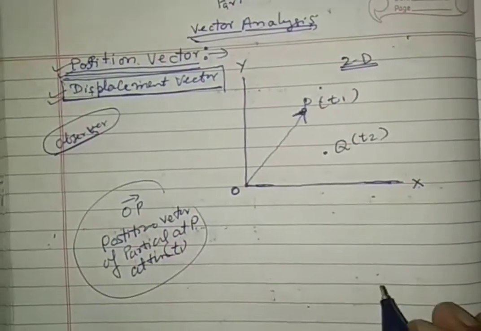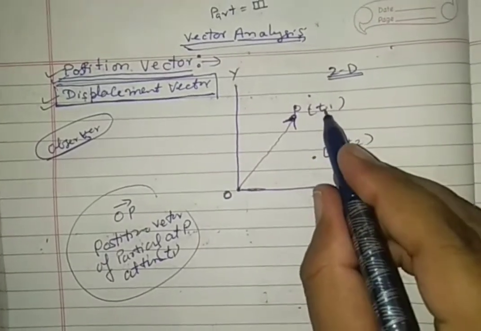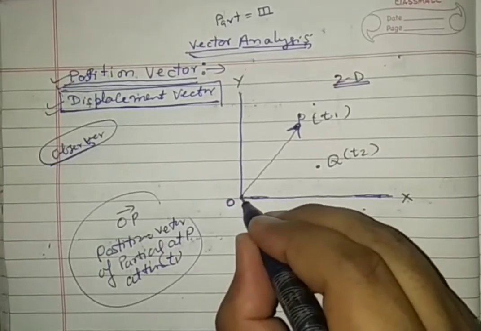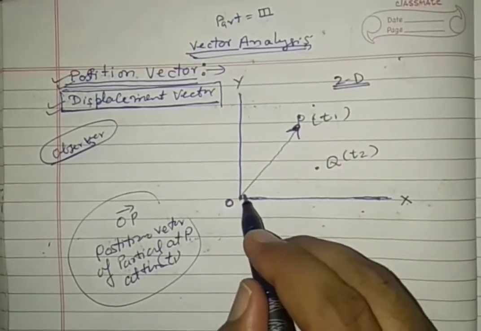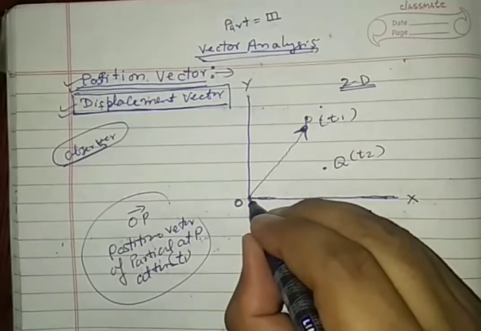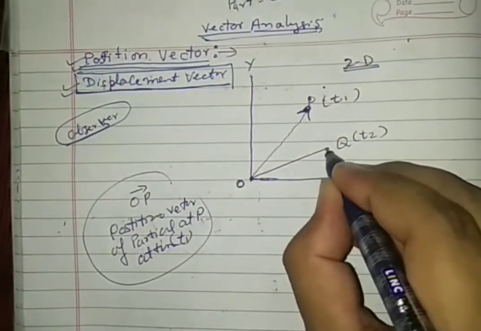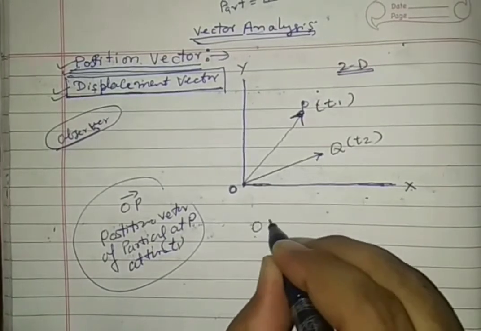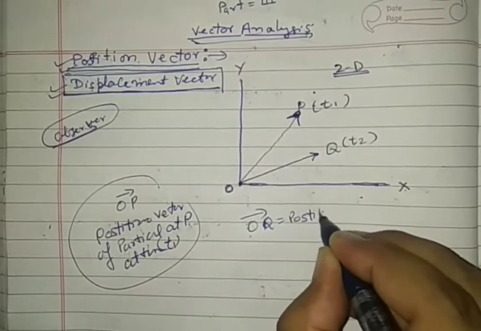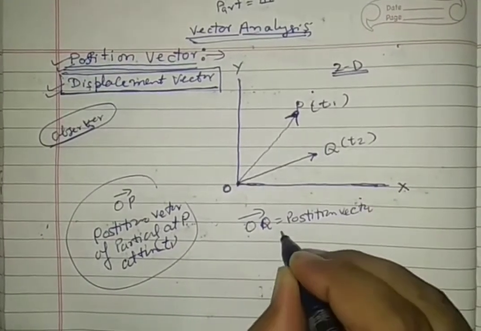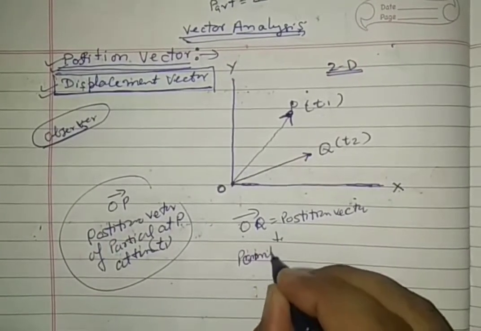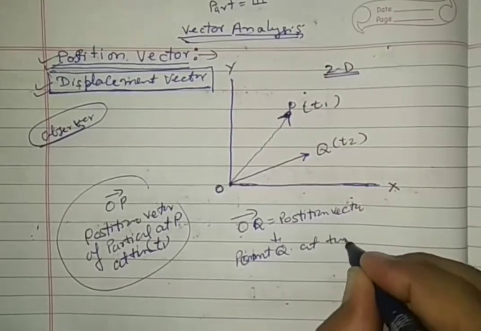See very carefully. Now after time t2, it reaches point Q. Join from the observer, who is at the same position, with no change in the position of the observer when time changes from t1 to t2. So when it reaches point Q, join O with Q. This OQ is also called a position vector, and it gives the position of point Q at time t2.